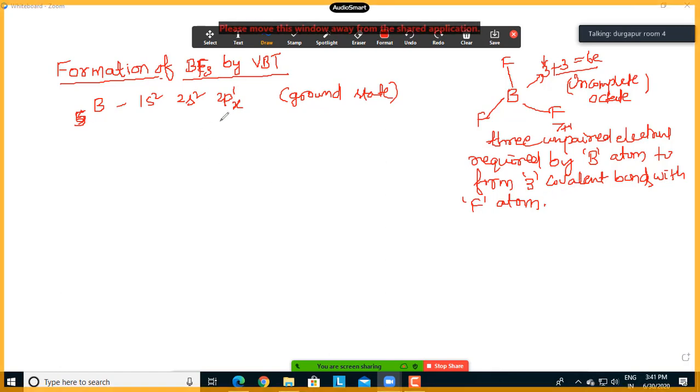So 3 unpaired electrons must be required, but there is only 1 unpaired electron. So in ground state, boron is not eligible to form bond.